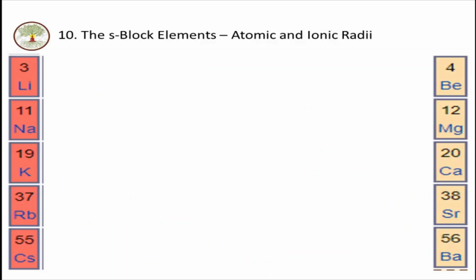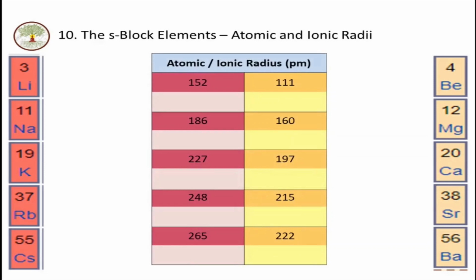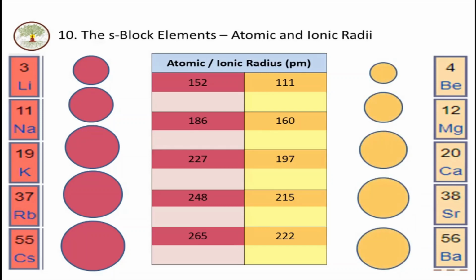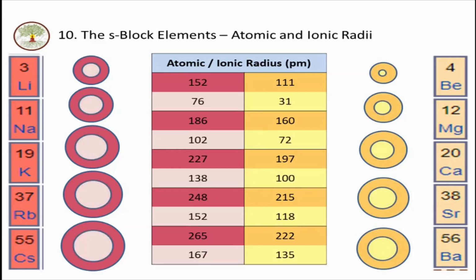Next is atomic radii, which give us an idea about the relative size of atom. Atomic radii of elements increases down the group, whereas it decreases across the period as we move from left to right. If we talk about the ionic sizes, it follows the similar trend.